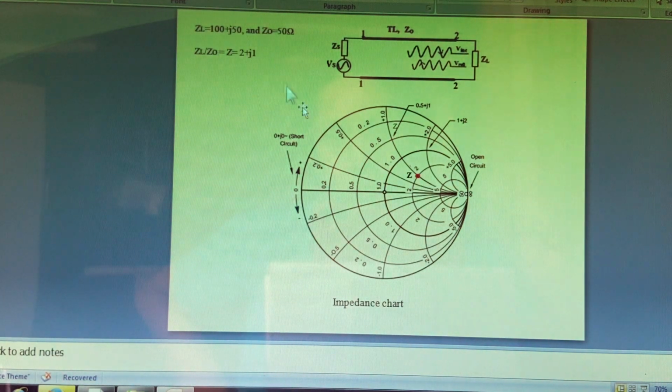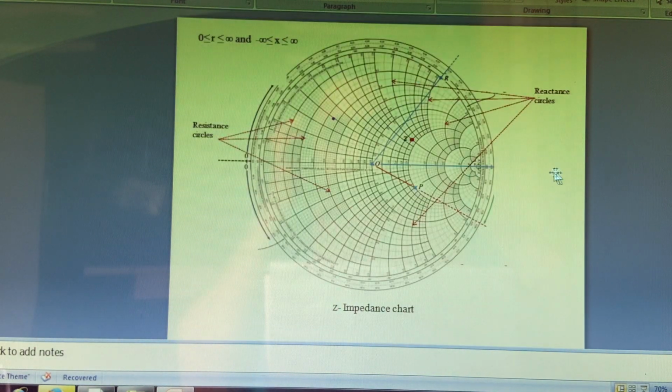So we can mark this over the Smith chart like this. Any impedance we can mark like this over the Smith chart by normalizing, because the Smith chart is a normalized chart, as we saw in the reflection coefficient related to the normalized impedance.